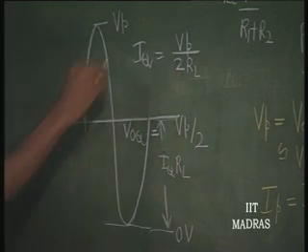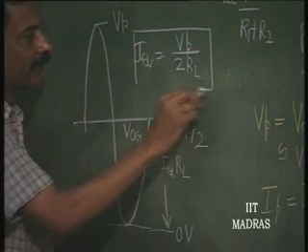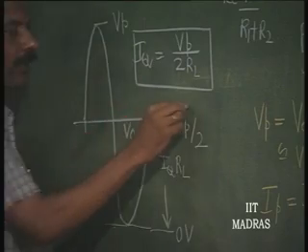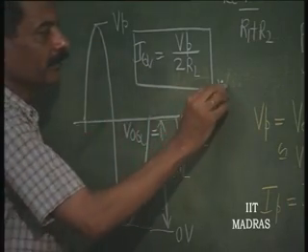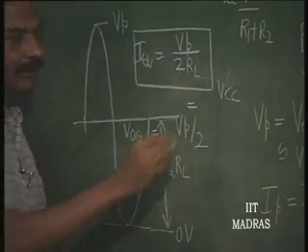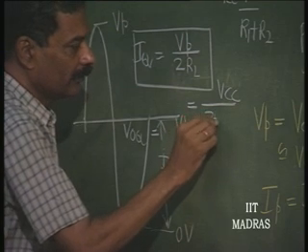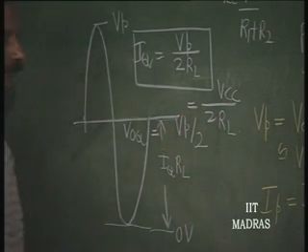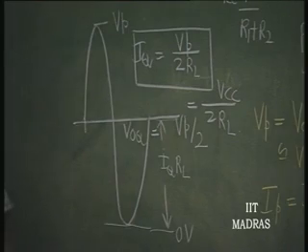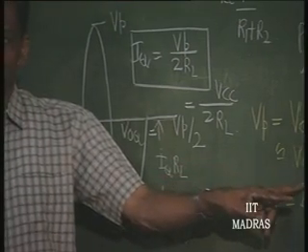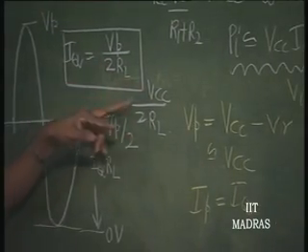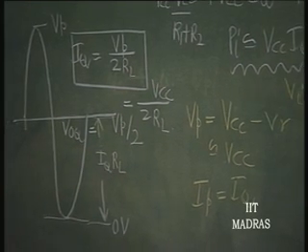So, quiescent current is V p divided by 2 R L, where V p is equal to V c c, okay. We said V p is very nearly equal to V c c under the best situation. So, V c c by 2 R L.